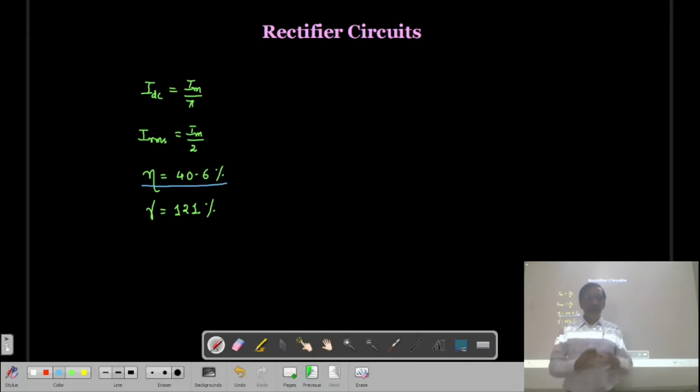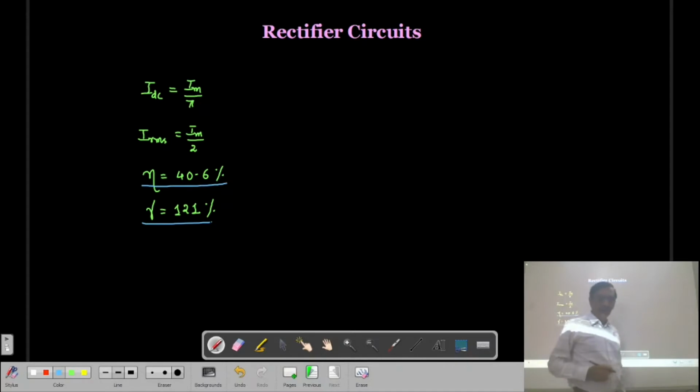It means 40% of your AC energy is converted into DC energy. This efficiency is very poor, because in a rectifier we require the maximum conversion of AC to DC energy. Then the other parameter is the ripple factor.